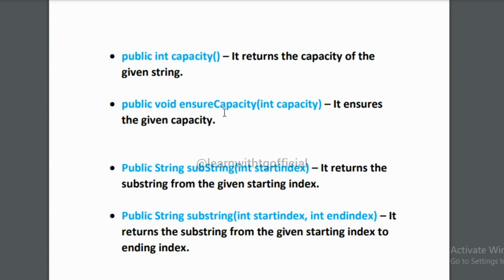Public void ensureCapacity(int capacity) ensures the given capacity. Public String substring(int startIndex) returns the substring from the given starting index. Public String substring(int startIndex, int endIndex) returns the substring from the given starting index to the ending index.